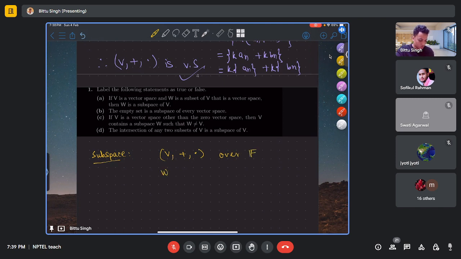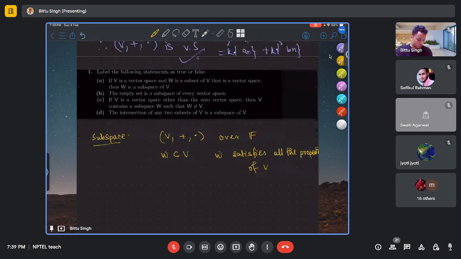And now W is a subset of V, and subset of V means W satisfies all the properties of V. But first we need W to be closed under addition and closed under scalar multiplication.